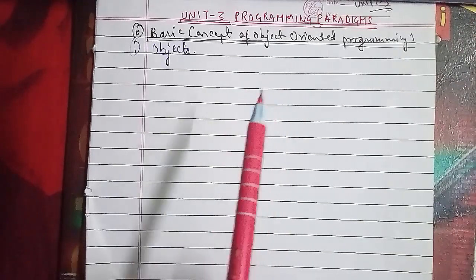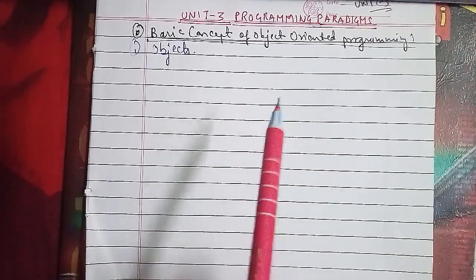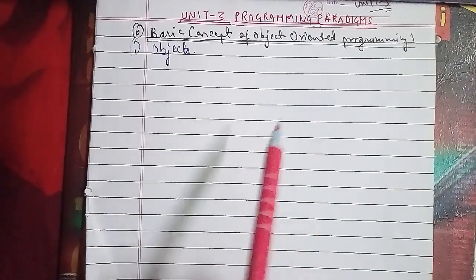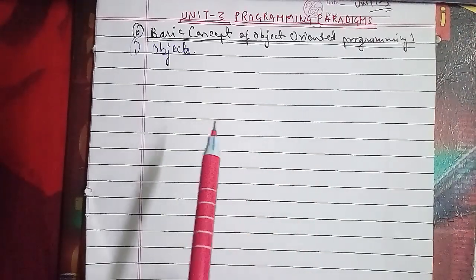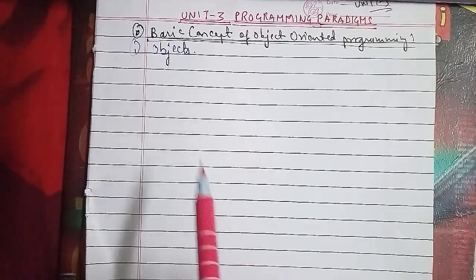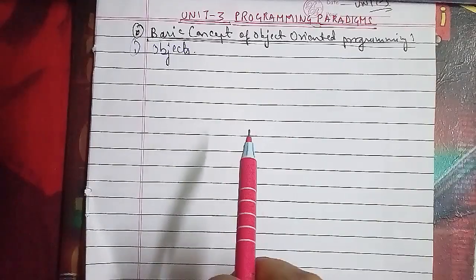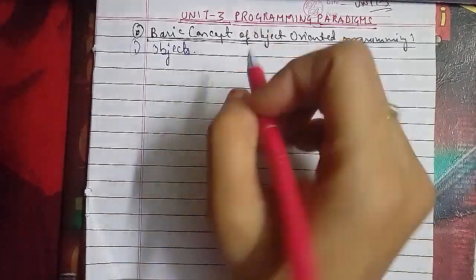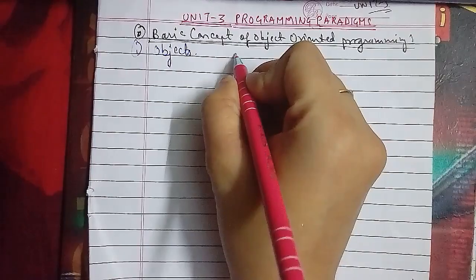Well, the second one in terms of object oriented programming is classes. A class is a blueprint of an object.